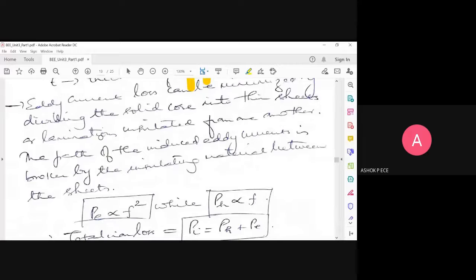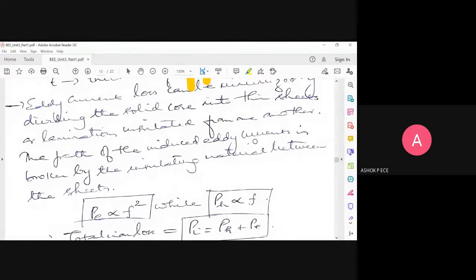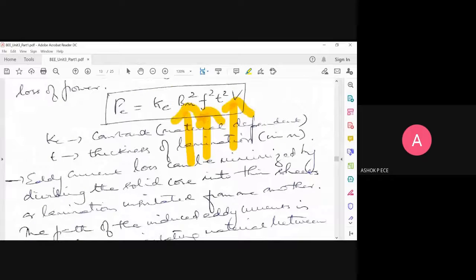Naturally, eddy current will be there in a minute quantity inside your core, but we can only minimize them. We cannot completely eliminate eddy current. So our aim is to break the path of eddy current. So divide the core into separate laminations. And these laminations are going to prevent the closed loop from happening. So that is going to break your eddy current path, resulting in lesser eddy current loss.